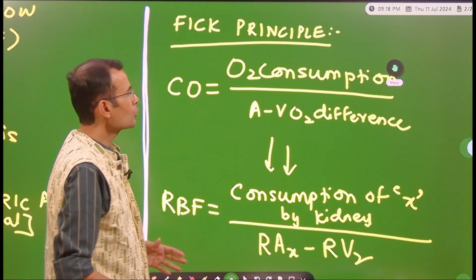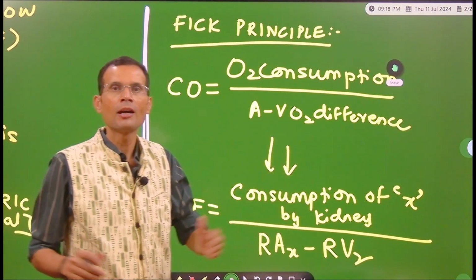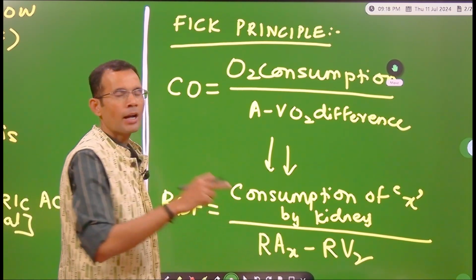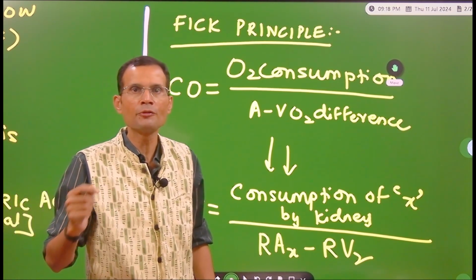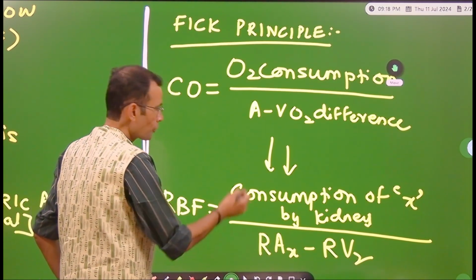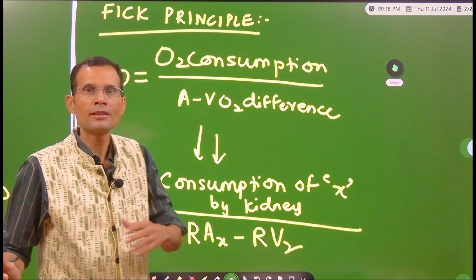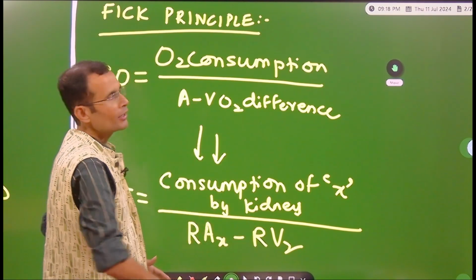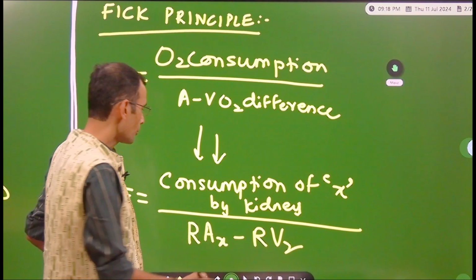Cardiac output is equal to oxygen consumption by the entire body upon arteriovenous oxygen difference for the entire body. Cardiac output is the blood flow which is flowing through the entire body, and therefore that's the Fick's principle for the cardiac output.